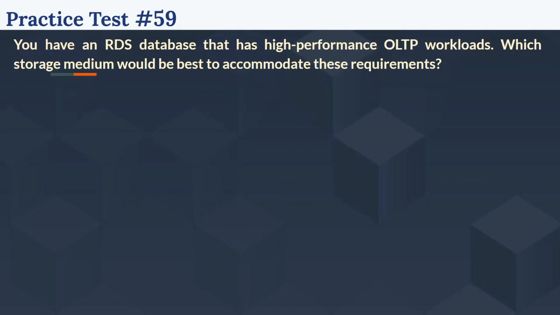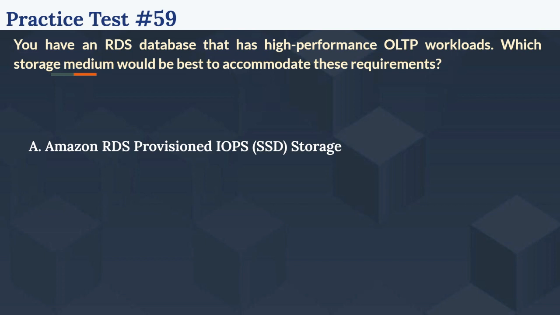The 59th question is: you have an RDS database that has high-performance OLTP workloads. Which storage medium would be best to accommodate these requirements? So the options are: Option A, Amazon RDS Provisioned IOPS SSD storage.